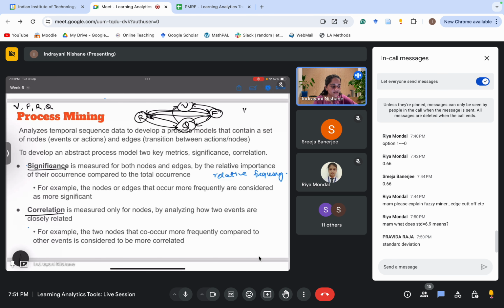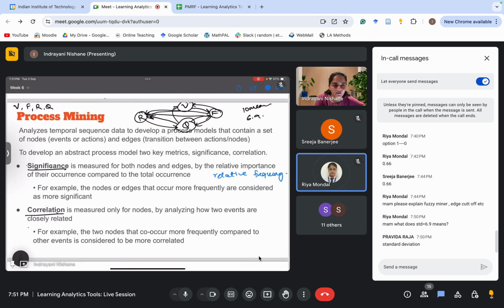So 10 plus 2 into 6.9 and 10 minus 2 into 6.9 is the range of our sample. Around 90% of our sample lies between the mean plus minus 2 standard deviations. So maybe your doubt will be on the answers which you're not able to understand, maybe because of this.